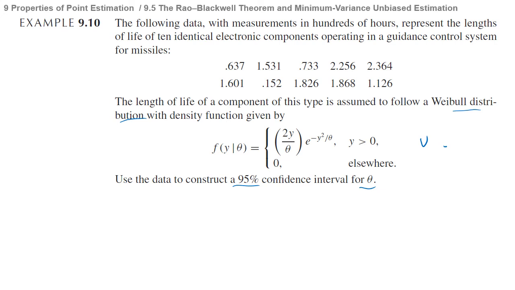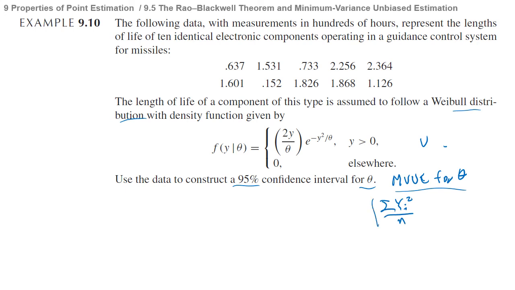What that means is that the confidence interval is narrower. So let us first find the MVUE for theta, and actually we already found it in the previous example. For the Weibull distribution, the MVUE for theta was the sum of yi square divided by n.